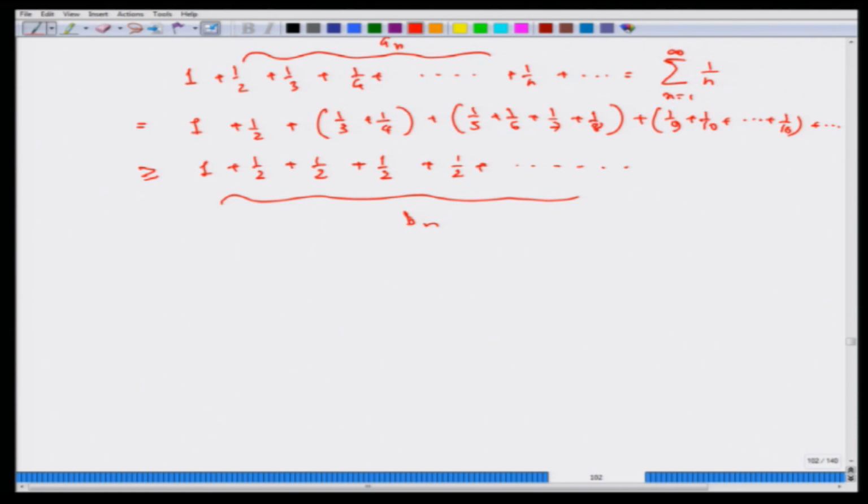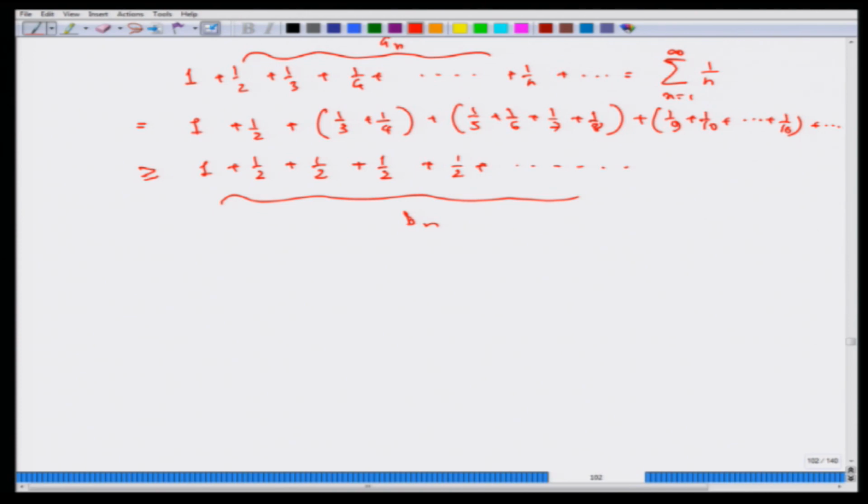So, by this comparison methodology, I basically regrouped: instead of writing this sequence, I am writing this sum. The first term is 1, then the term is half, then the term is 1/3 plus 1/4. So this is one term, this is one term, this is one term of the rearranged series.